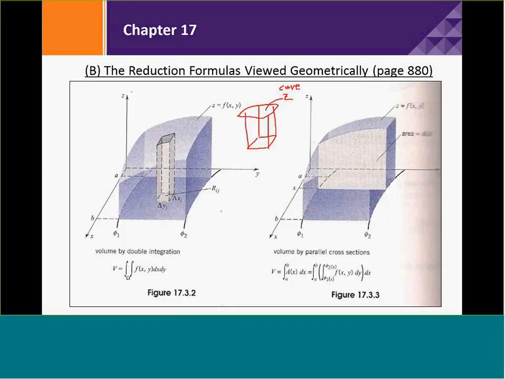Now, the fixed ones are only a and b, and the others can be any functions. When you find the double integration, actually you are finding the volume that is bounded above by the Z, and when you project to the XY plane, you have the region R. The base is the region R.